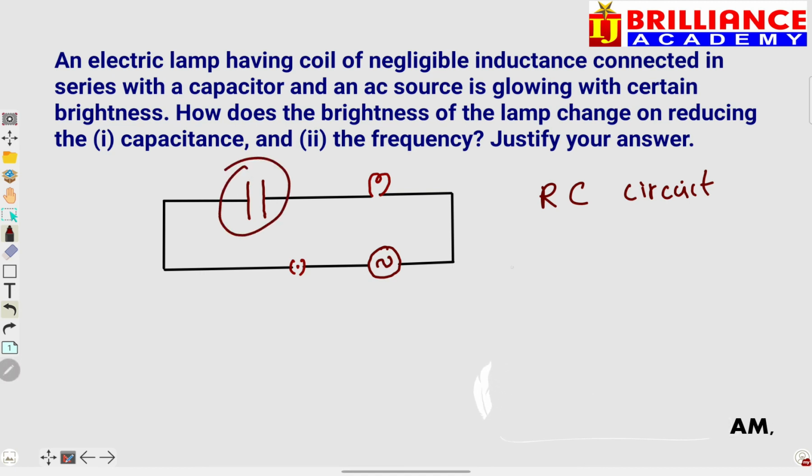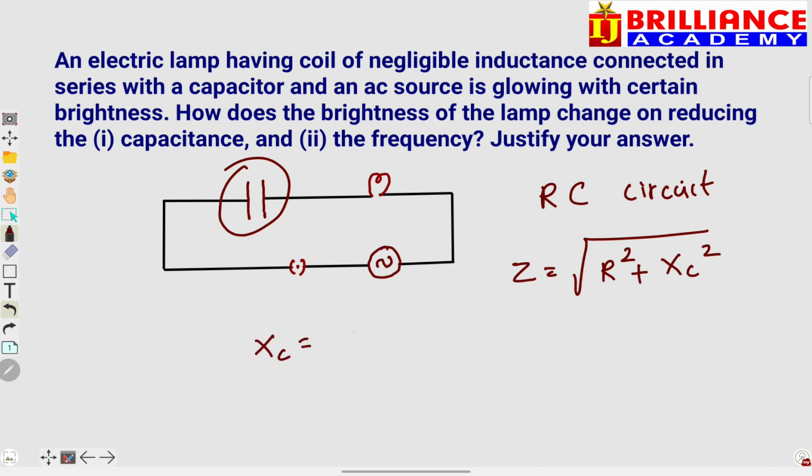Again we know the formula: Z is equal to root over R squared plus XC squared, the impedance, and XC is equal to 1 by C omega. So C is in the denominator, and it is given that the capacitance is reduced.